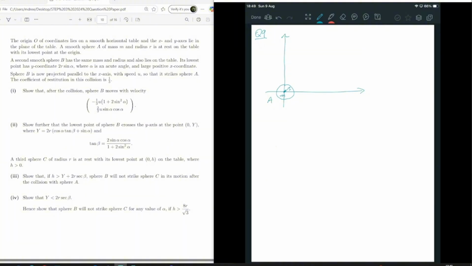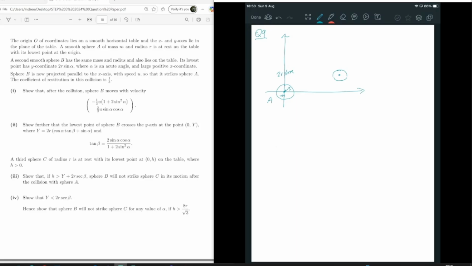And if in this same viewpoint I try and draw the sphere B, has the same mass and radius, its lowest point has y coordinate of, so this lowest point here is going to have y coordinate of 2r sine alpha, and the x coordinate is just some big positive value.